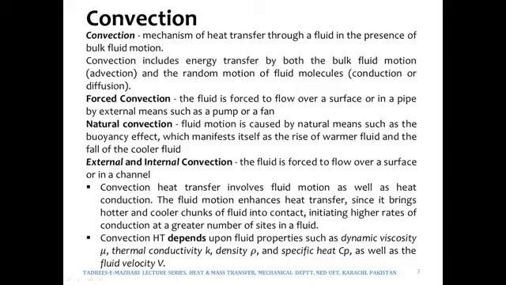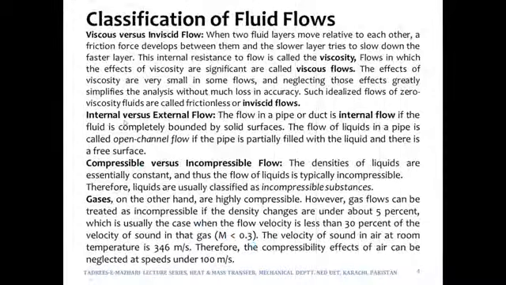That convection heat transfer coefficient is not a fluid property or a material's property, because it depends upon so many parameters, and we had discussed the dependency of the convection heat transfer coefficient on those parameters over there.